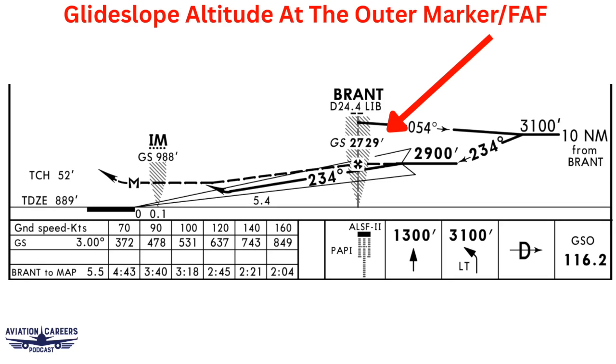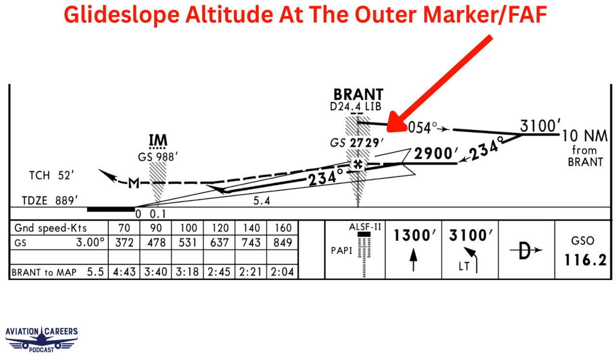For instance, we're flying along at 2,900 feet, and we start going down the ILS. When we get to Brant intersection, we say we're at 3,000 feet. Well, we know we've got a problem because we should be at 2,729 feet. That's how we determine if we have the proper altimeter setting, by actually double checking that.